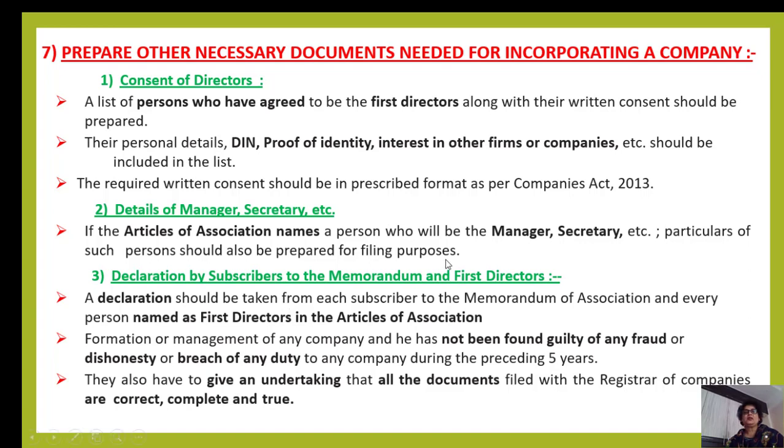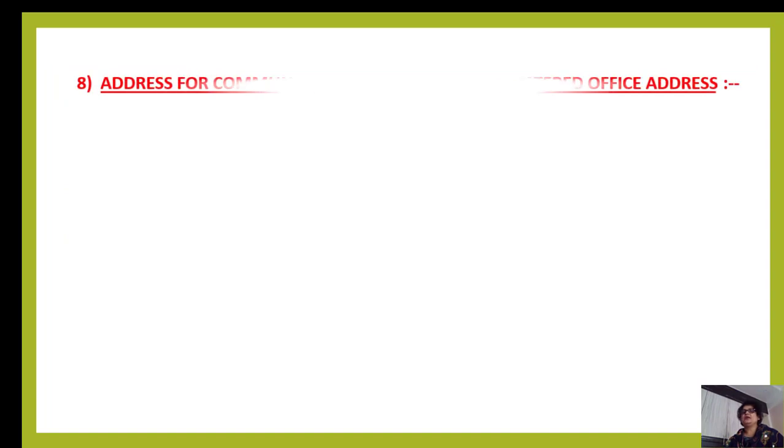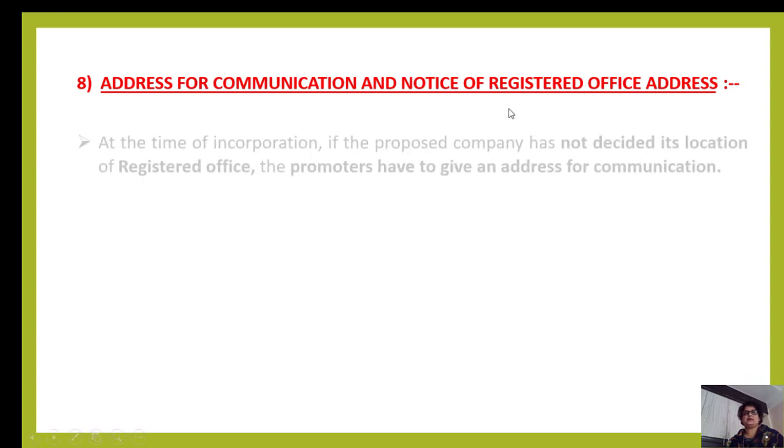This is all the declaration form, and this is the prescribed format of the Companies Act 2013, and all of it is submitted to the ROC, who then check it is correct, complete and true. Then next one, address for communication and notice of registered office address.